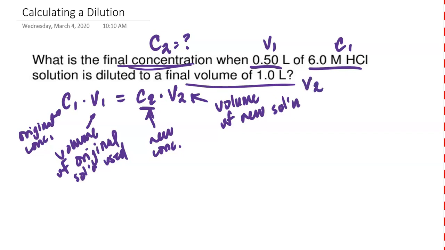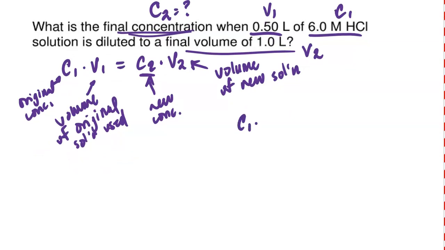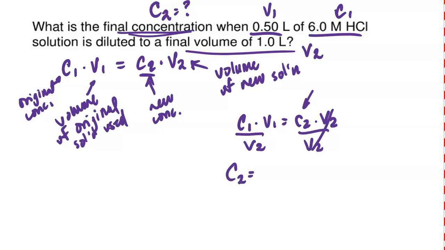So what you'd have to do is use this dilution formula, in this case solving for C2. I'm going to divide both sides of the equation by V2. If I do that, I get C2 is equal to C1 times V1 over V2.